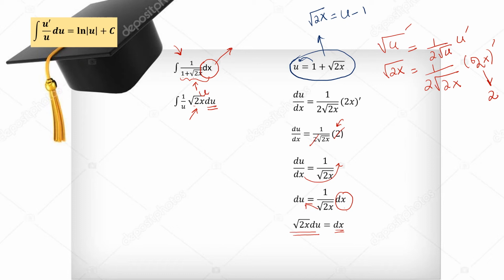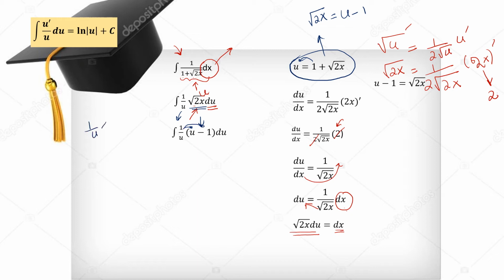So in place of square root 2x, I can write u minus 1. So I get 1 over u as it is, and in place of square root 2x, I wrote u minus 1.